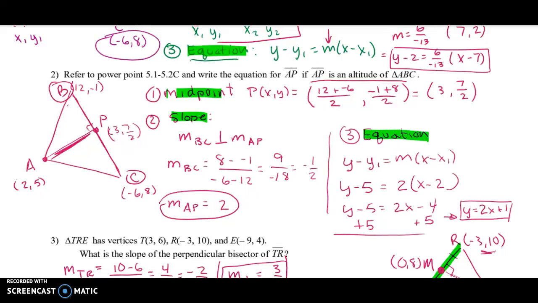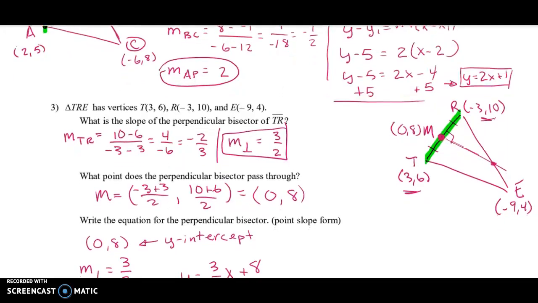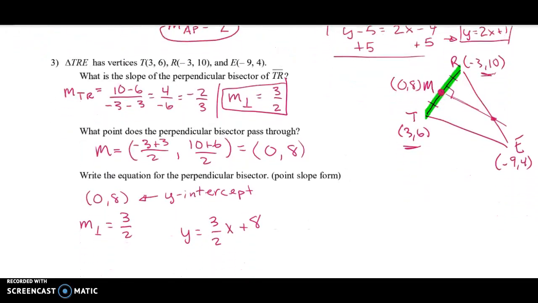So we found the midpoint coordinate point, but again, you had to know that an altitude is 90 degrees, and it goes through the vertex. Okay, that's the key. All right, and then number three was similar, but this time it was a perpendicular bisector, meaning that it bisected, but it didn't go through another vertex, right?